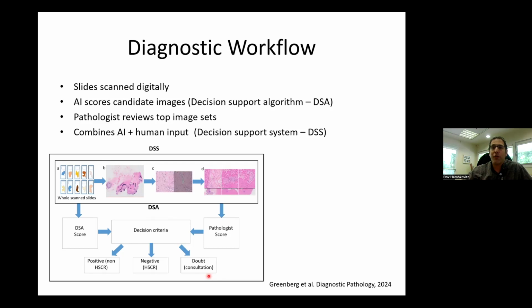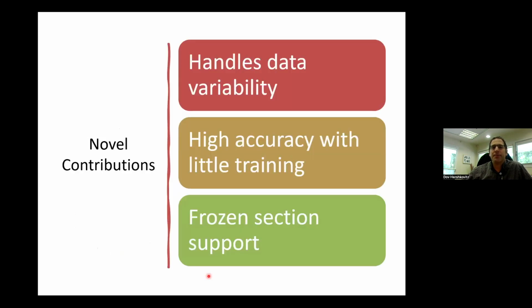And instead of spending half an hour or sometimes more on the digital images or slides, it took like 15 to 20 seconds just to run through the suggested images. We received 100% accuracy.